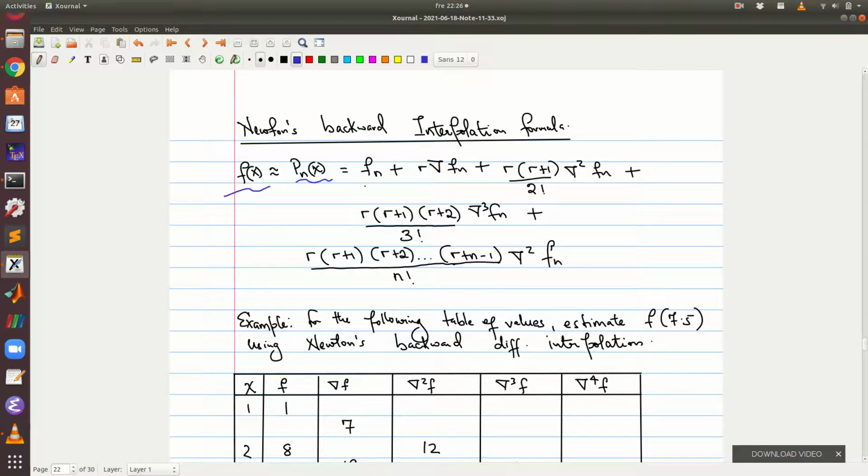It is given by f of n, that is f at the point xn.